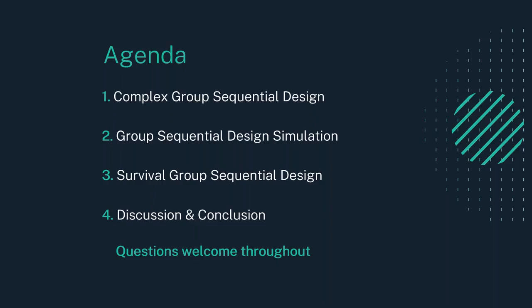And then I will be moving on to our second section, which is simulation for group sequential design characteristics. So during this stage, I will be discussing what simulation for group sequential design characteristics involves, the advantages of it, when one might use it, and the regulatory view on it, for example.